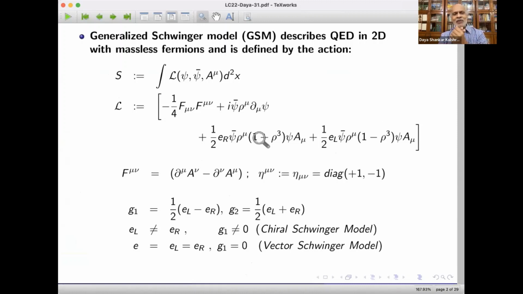So let me tell you in 1 or 2 minutes that prior to the last 2 years, I myself was not using directly the Fermi fields for the LightFront quantization.